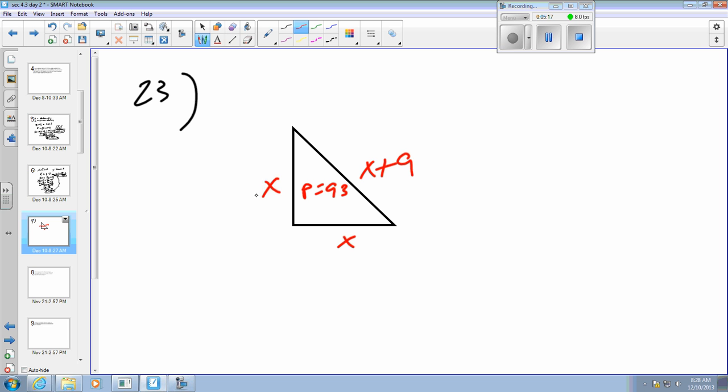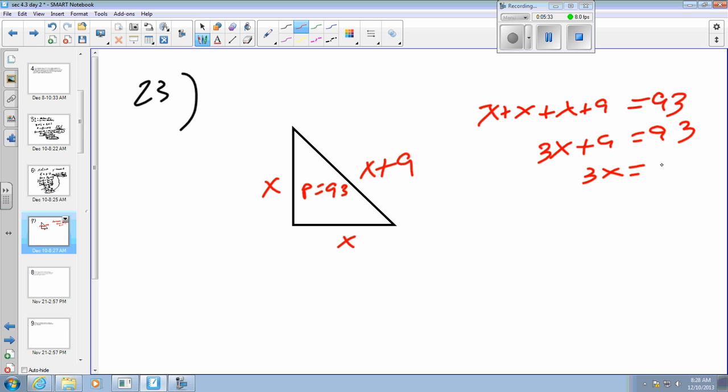So my equation is x plus x plus x plus 9 equals 93. 3x plus 9 equals 93. 3x equals 84. x must be equal to 28. So if this one's 28, this one's 28, and this one would be 37, and these are all in centimeters. Notice that we didn't get two equations, we just got one equation.